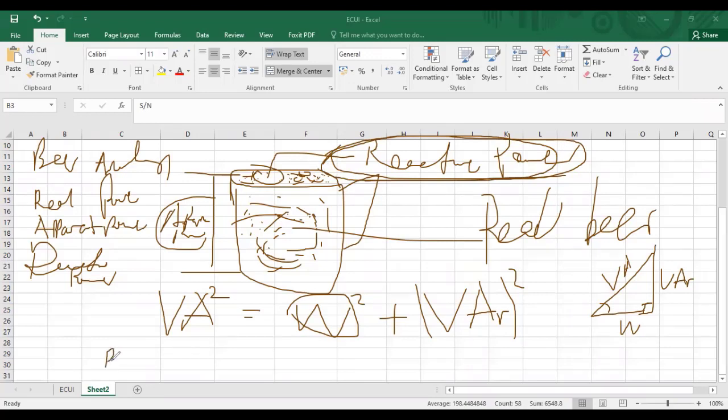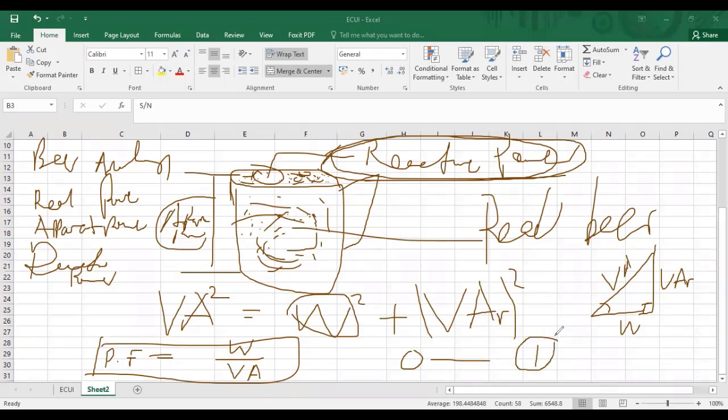Now, this power factor has a formula. The formula is the real wattage divided by what? The apparent power. So this is the formula for the power factor. And the power factor is between 0 and 1, where 1 is unity. But can we get power factor as unity? Because we understand that in electrical engineering, we have losses.